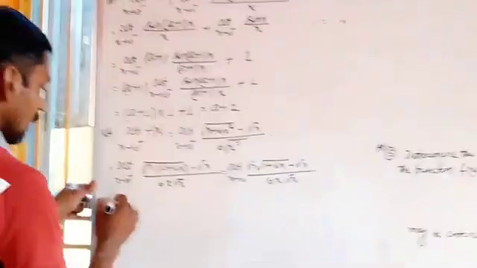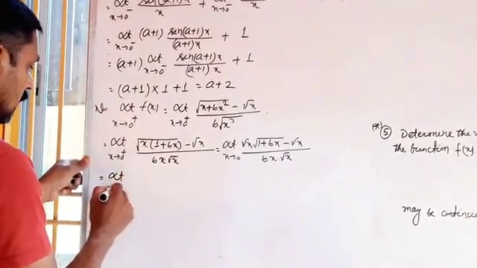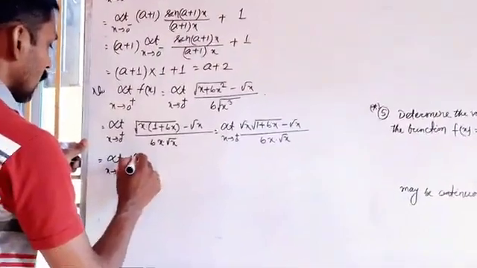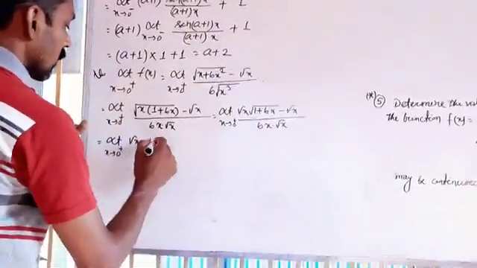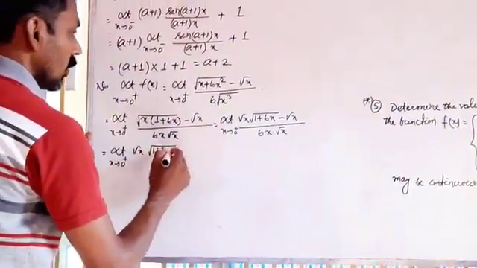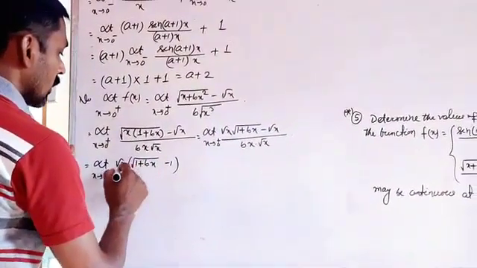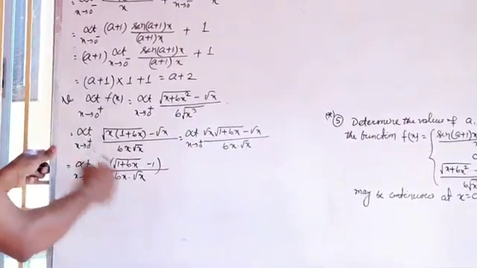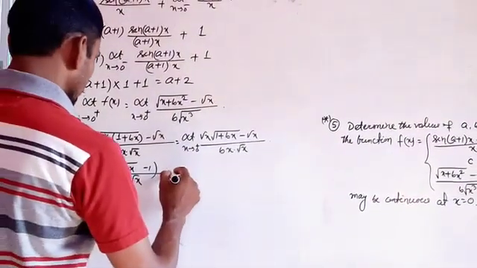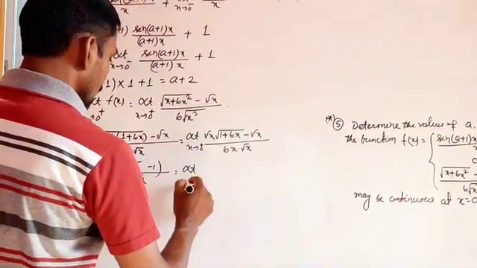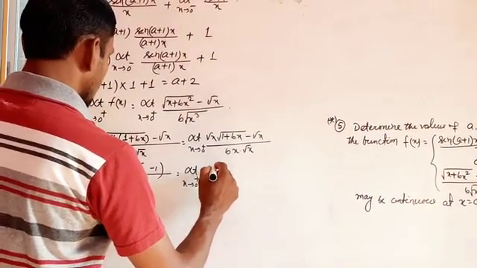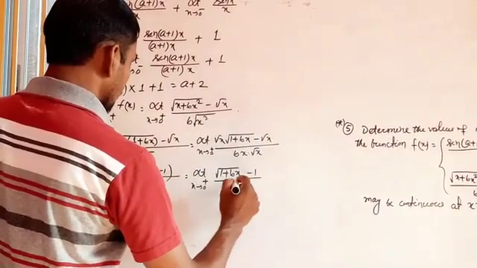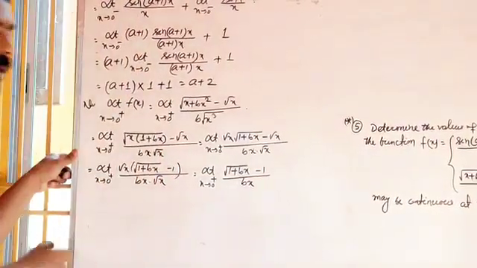So limit x tends to 0 plus, take root x common, so it is 1 plus bx whole root, minus 1 by bx into root x. Now root x will be cancelled. So it is limit x tends to 0 plus, 1 plus bx whole root minus 1 by bx.